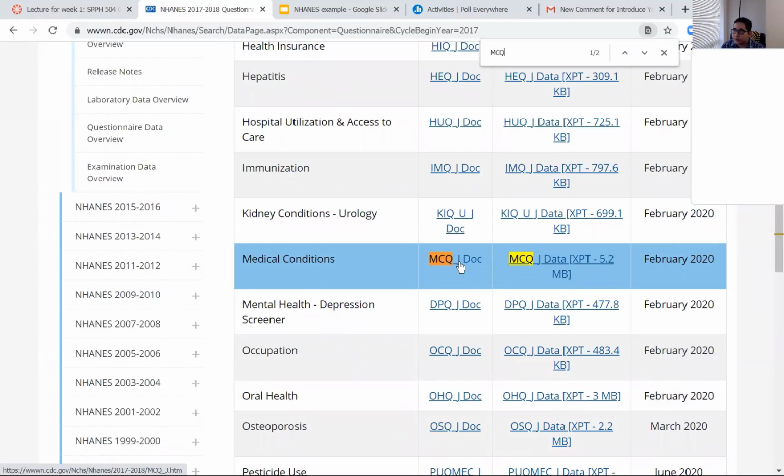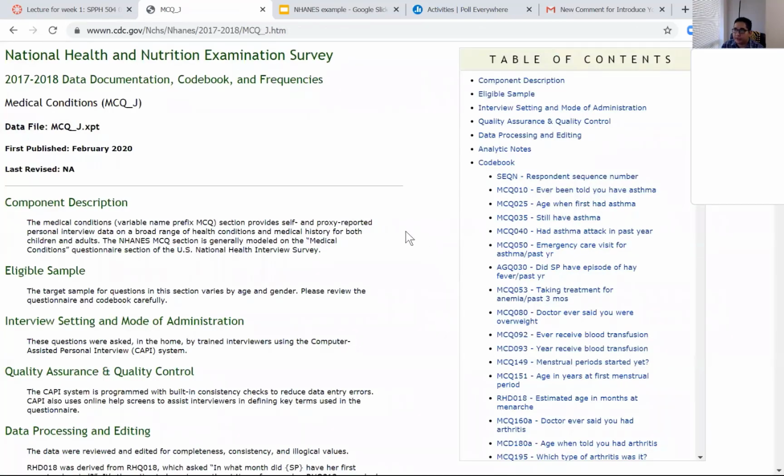So there is a document and there is a data file. If you download this, it is the whole MCQ data set that you download. And that can be done using R as well. But this is the documentation that you need. And you are interested in what?